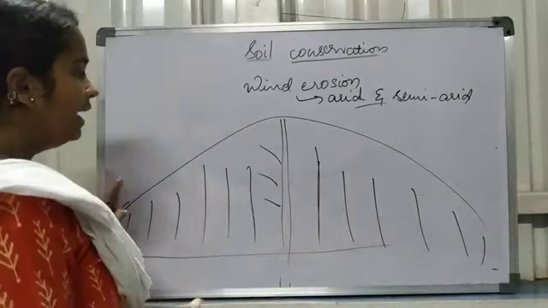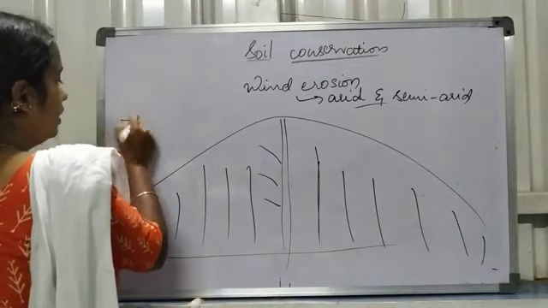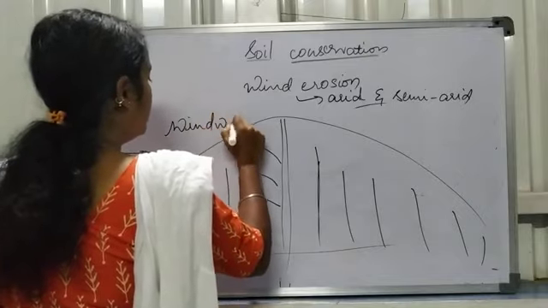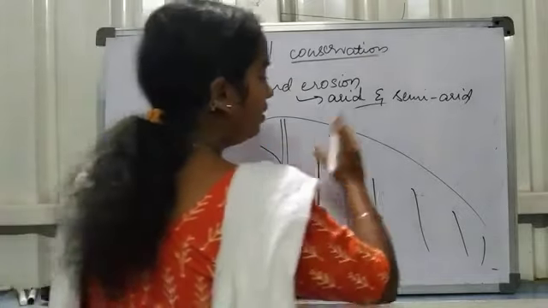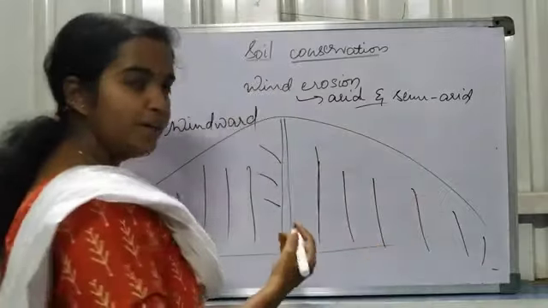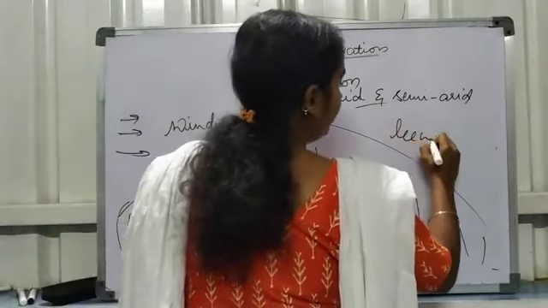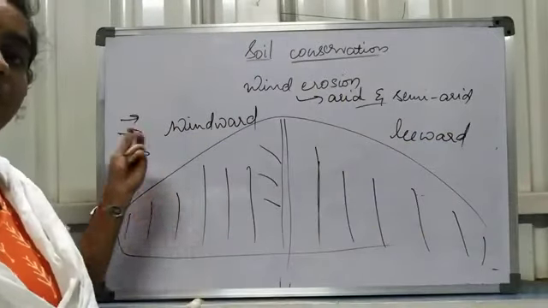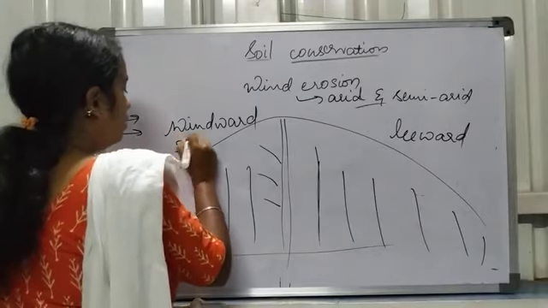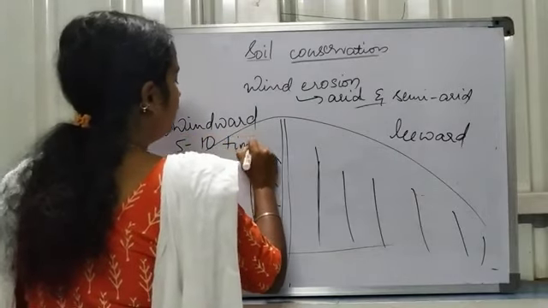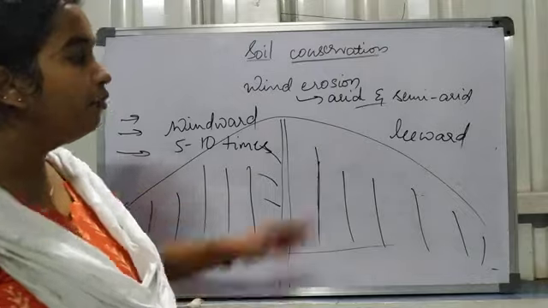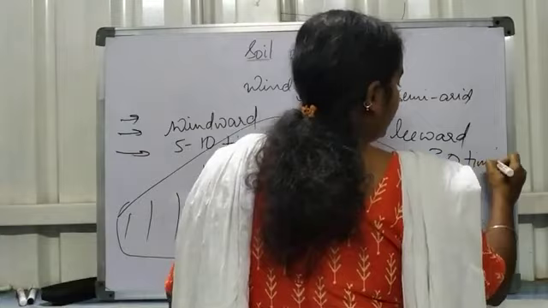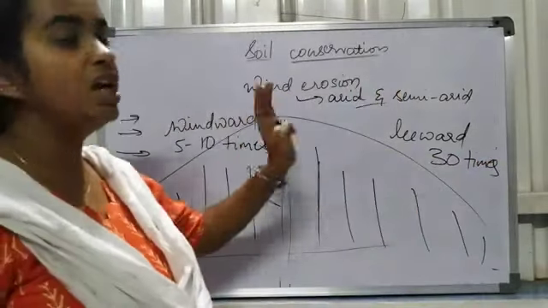The side from where the wind is coming is called the windward side, and the direction where the wind is going is called the leeward side. Now the wind velocity will be reduced to 5 to 10 times on the windward side, whereas on the leeward side the velocity is reduced up to 30 times the height of the shelter belt.